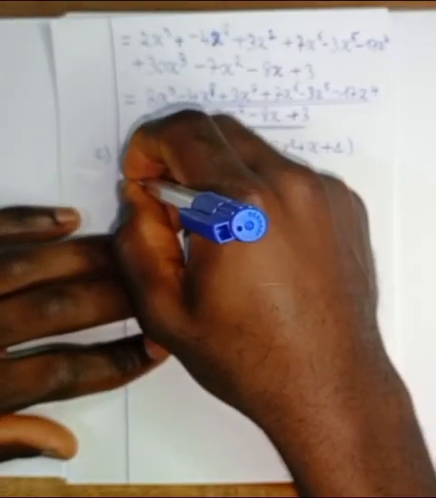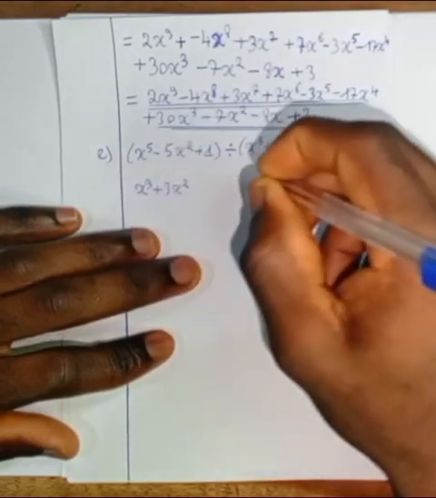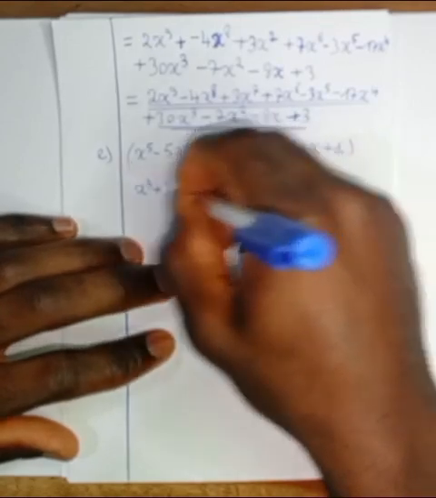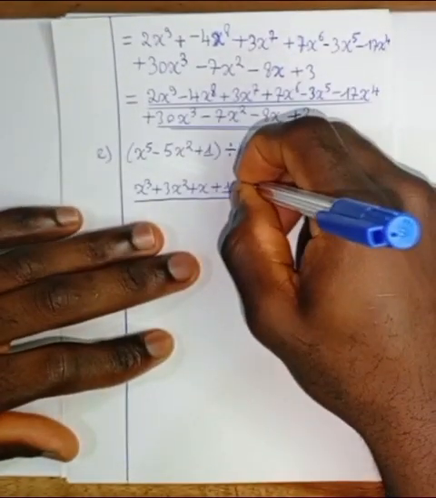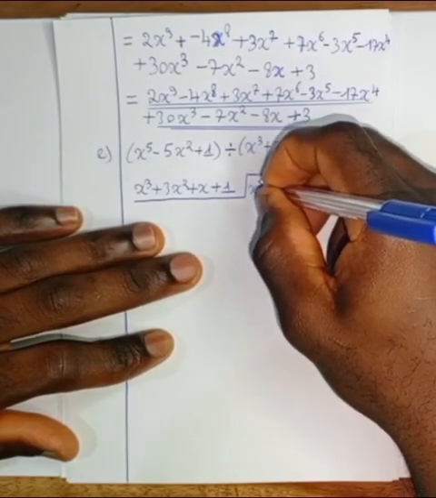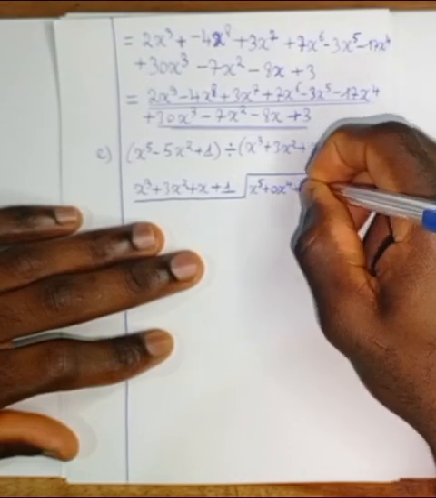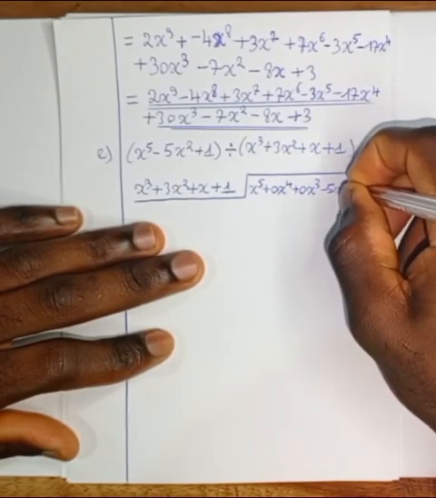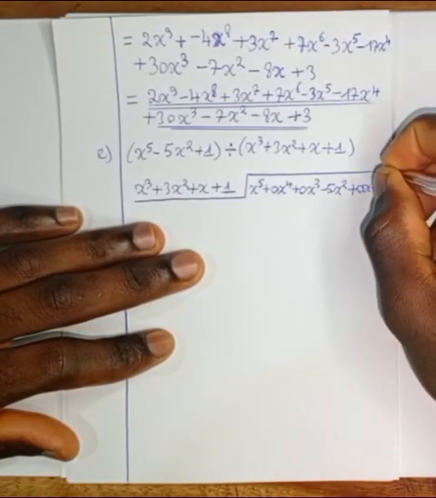We start by sending out x cubed plus 3x squared plus x plus 1, and we bring in x to the power 5 plus the term in x to the power 4 is absent, plus the term in x cubed is absent, minus 5x squared plus the term in x is absent, plus 1.